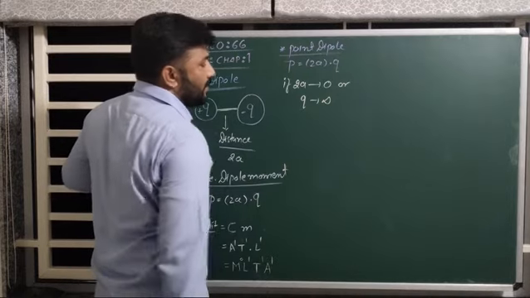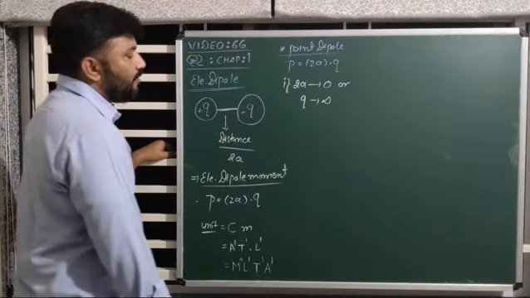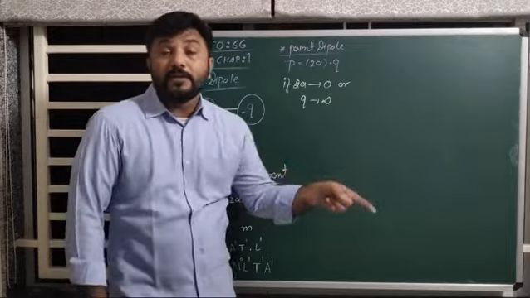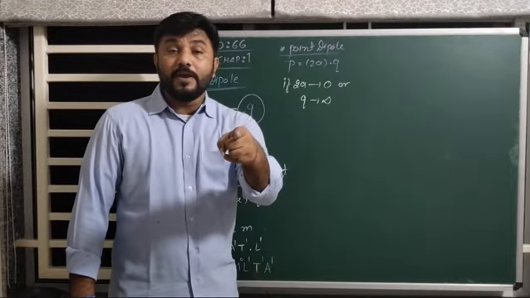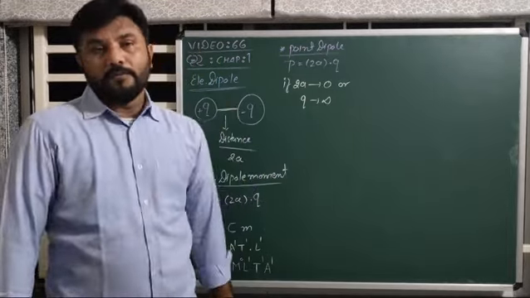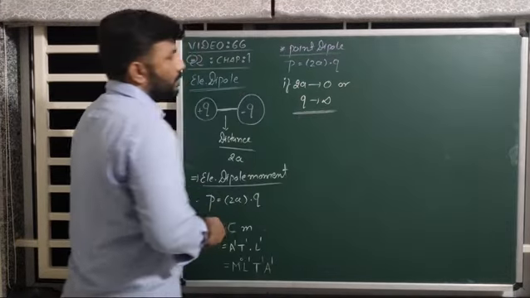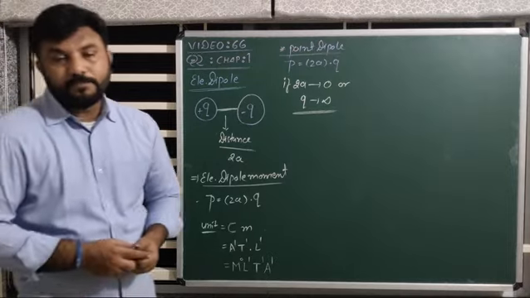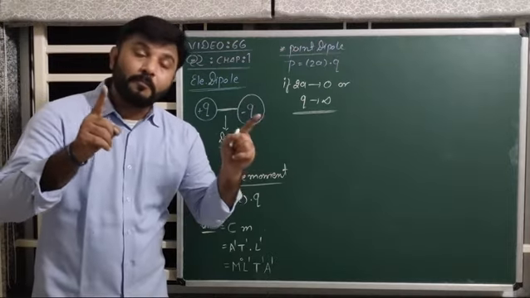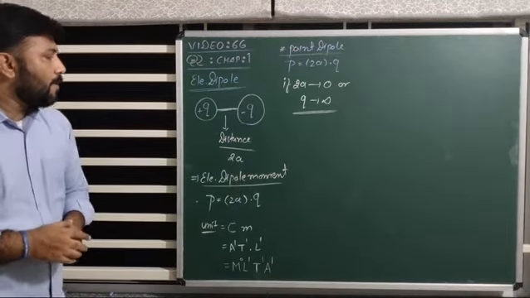If 2a is equal to 0 and Q, the charge, is taken as infinite, at that time the dipole is said to be a point dipole. Right? So this is the condition for a point dipole. Clear?